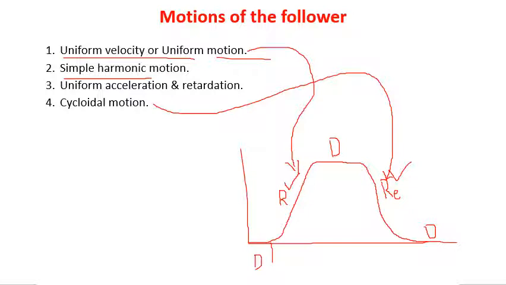These are the four important types of motion of the follower. First one is uniform velocity, second one is SHM, that is simple harmonic motion, third one is uniform acceleration and retardation, fourth one is cycloidal motion. So let us see one by one. The first one is uniform velocity or uniform motion.